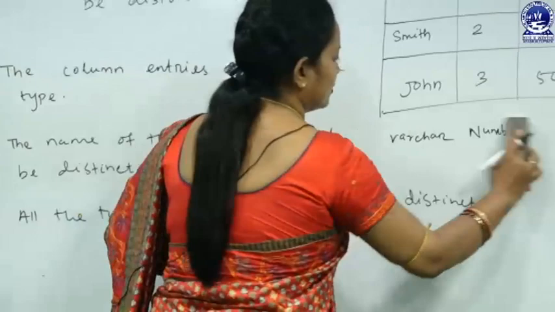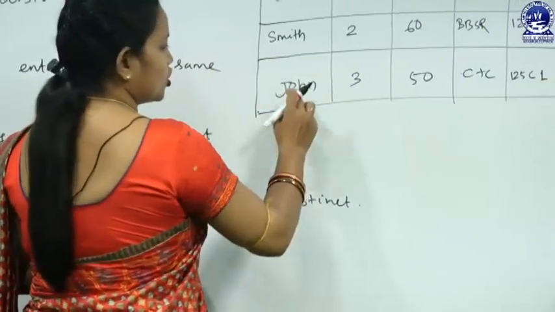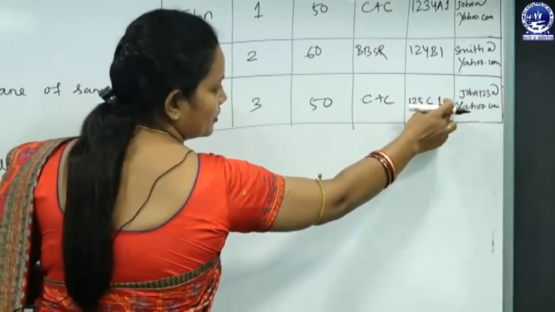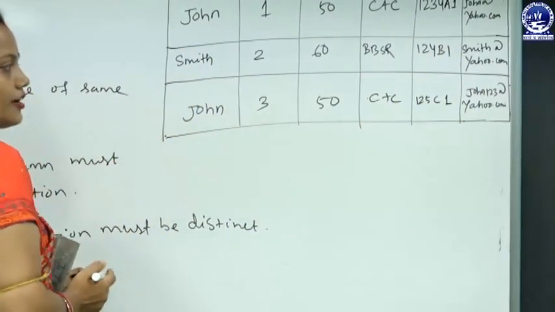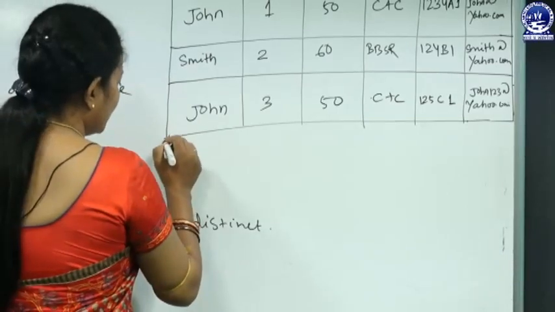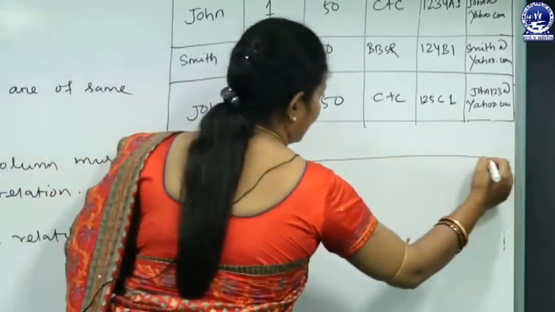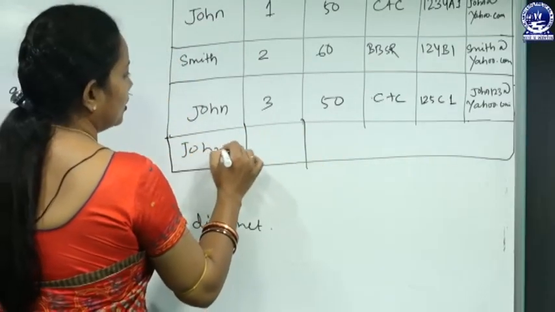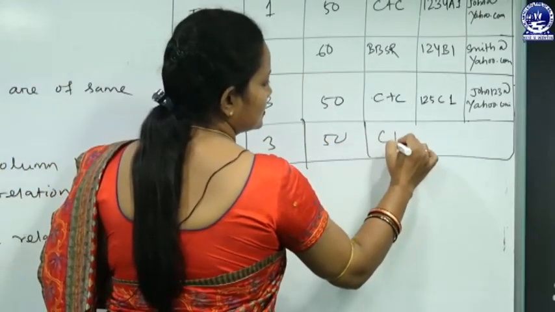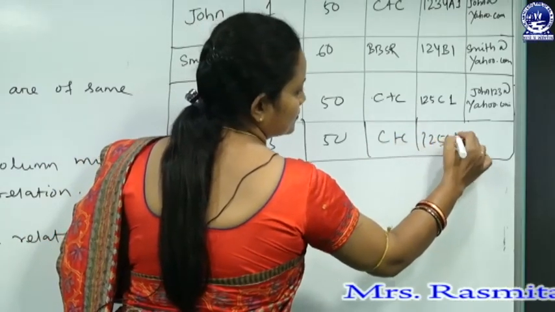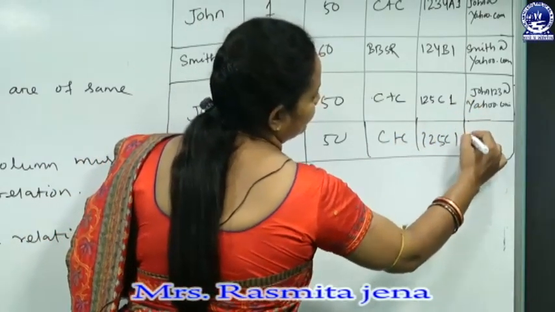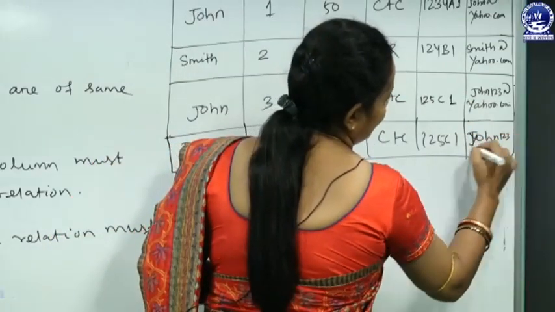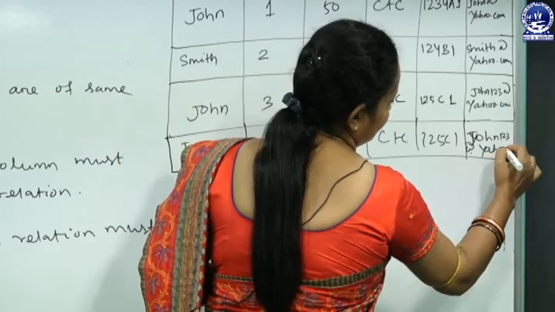That means what? We have a tuple that is John, 3, 50, CTC, registration 125C1, and john123@yahoo.com is the mail ID. With the same value in all columns, we can't add another tuple, that is John, 3, 50, CTC, 125C1, Yahoo, john123@yahoo.com.